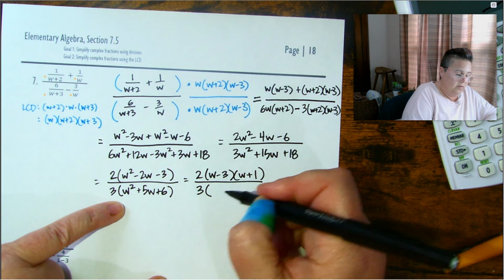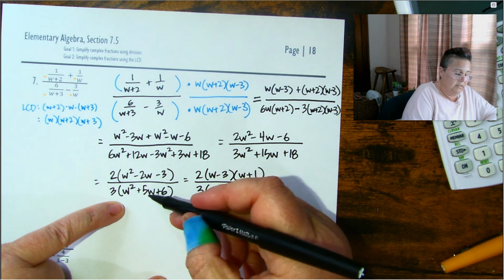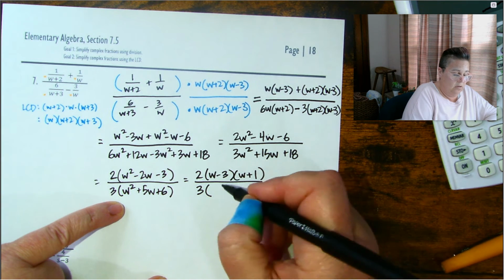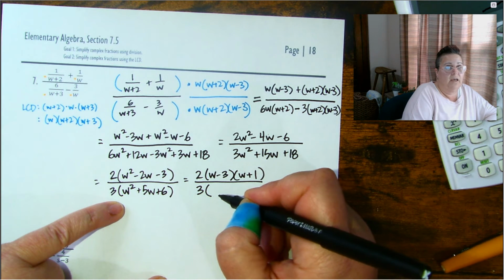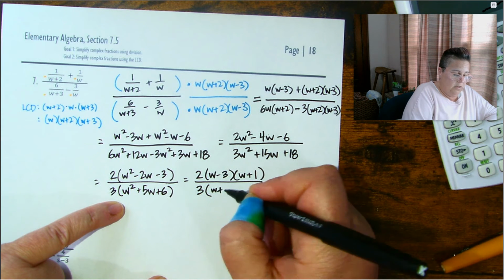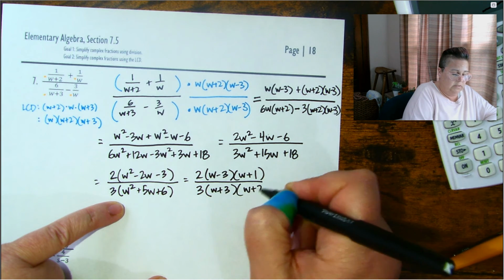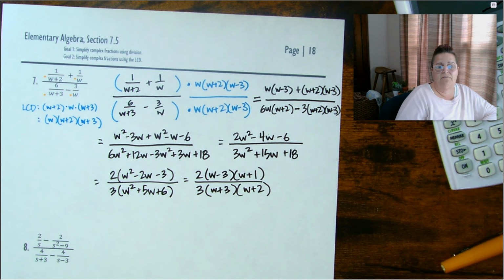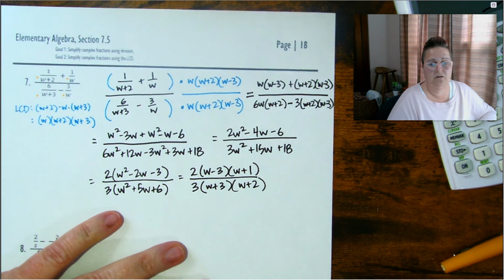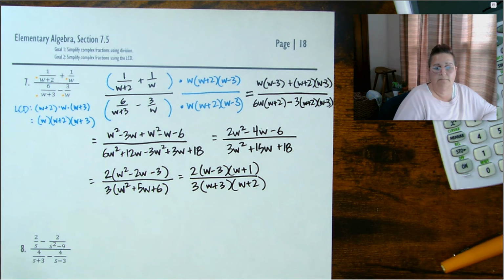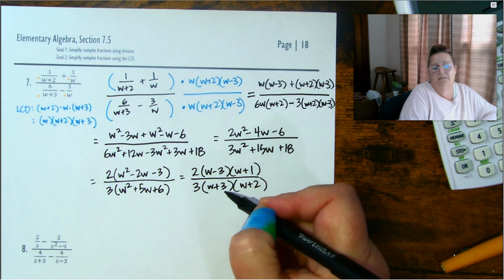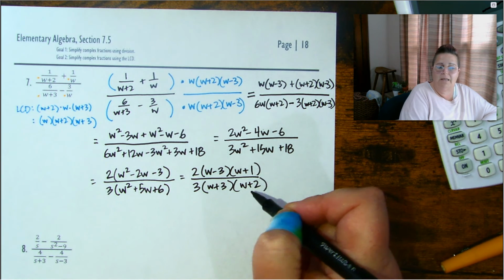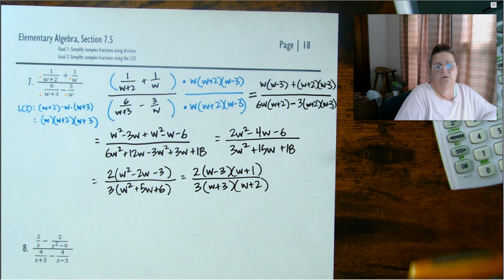That multiplies to give me a positive 6, adds to give me a positive 5. That's w plus 3, w plus 2. Okay. Does anything cancel? Nope. W minus 3 will not cancel with w plus 3. W plus 1 will not cancel with w plus 2. So nothing canceled. Darn it.